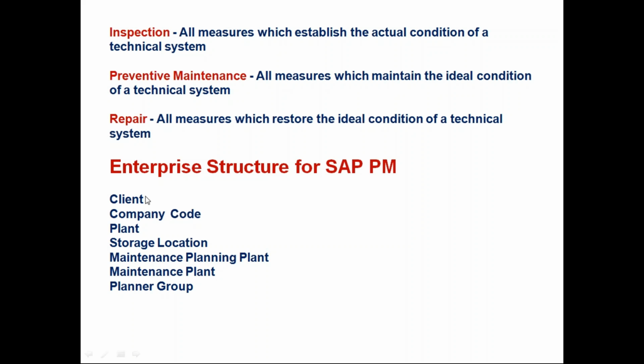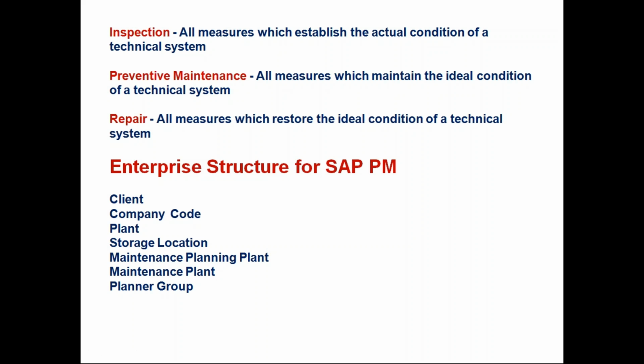Here the client is nothing but the company, as we discussed yesterday. Then we have the company code, plant, and storage location. These we discussed yesterday. The company code is created by financial consultants, and the plant and storage location are created by the MM consultants.